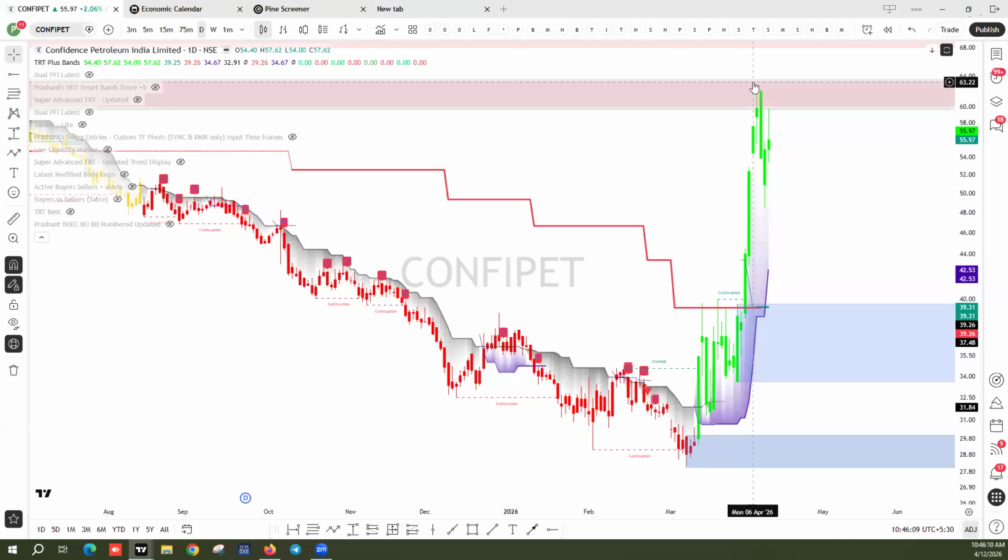So who wants to take a retracement entry in this? And where should we look for retracement entry? Anyone?